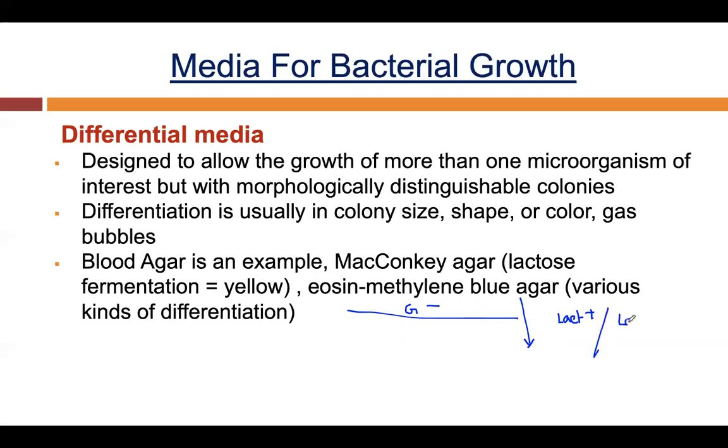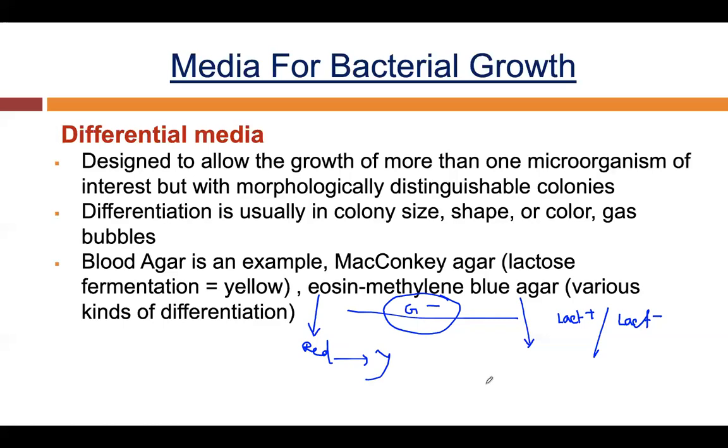This media has another dye, so it allows all gram-negative bacteria to grow. But if it is coliform bacteria, meaning they are lactose positive and can ferment lactose, they will change the color. The media at the beginning was red, but if lactose-positive bacteria are there, it will convert the color to yellow.